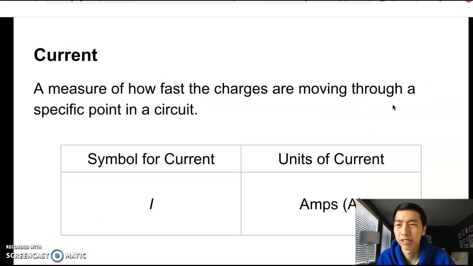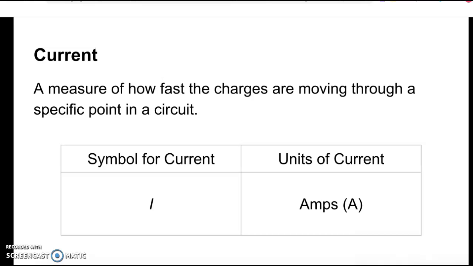Okay, the next term I want to talk about is current. Current is a measure of how fast the charges are moving through a specific point in a circuit. It's how fast the charges are moving. And there's a good analogy for this. It's a river current.